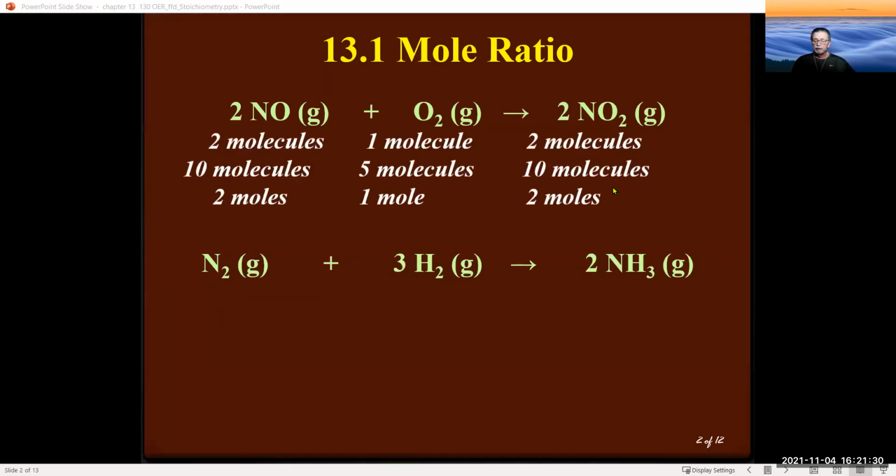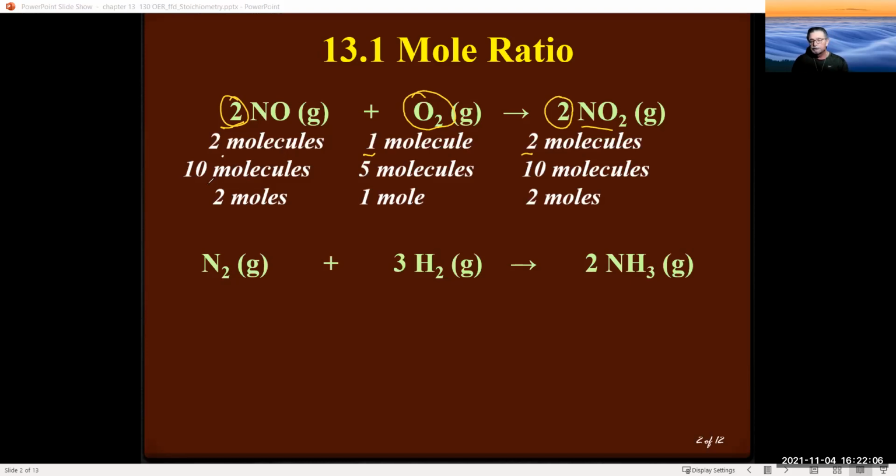Now we've been talking about, all right, I need 2 molecules of nitrogen monoxide to react with 1 molecule of oxygen gas to give us 2 molecules of nitrogen dioxide, okay? And that is our ratio. That comes from the balanced chemical reaction.